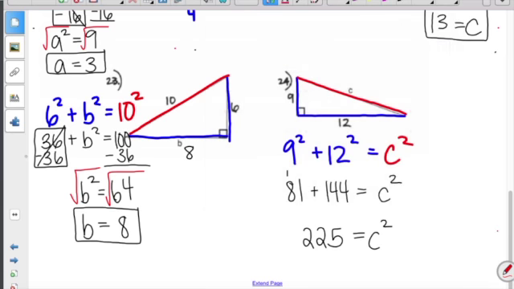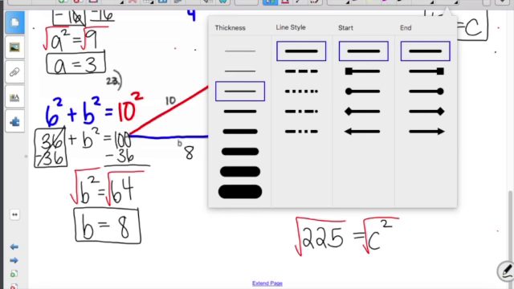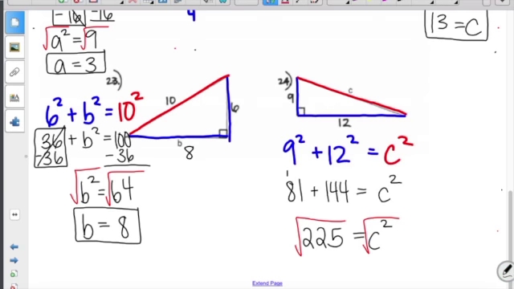That cancels out your squared, your exponent. So we have equals c on the right-hand side. And the square root of 225 is 15. So c equals 15. Okay, go ahead and turn the page.